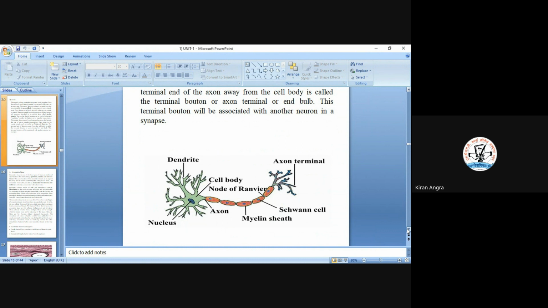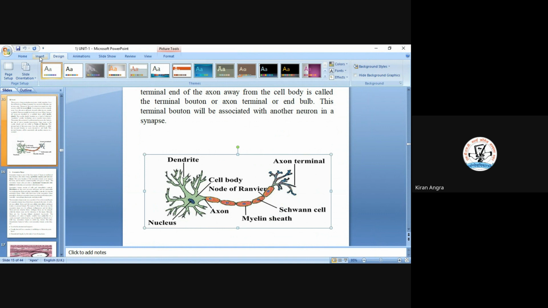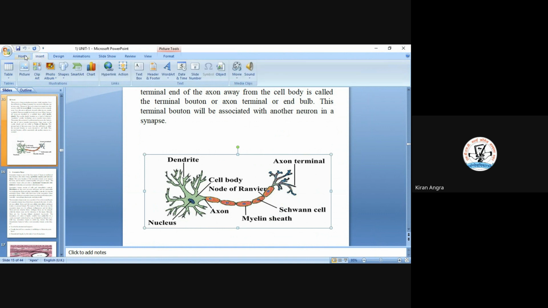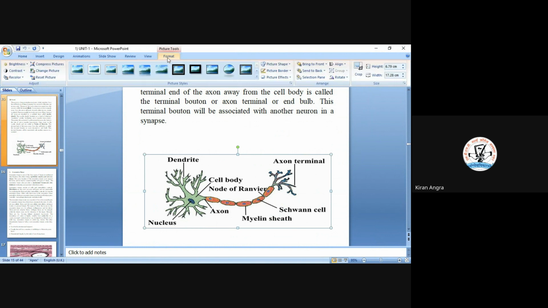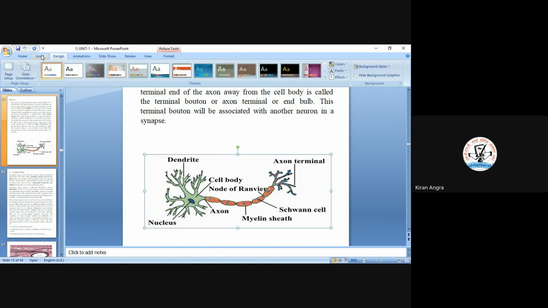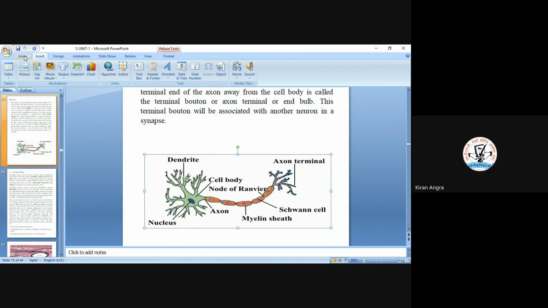The central part is the cell, and you just see the branches coming out of the cell. What are these? These are the protoplasmic projections. Inside this cell there is protoplasm, and these are the protoplasmic projections that arise as numerous short projections from the nerve cell body.